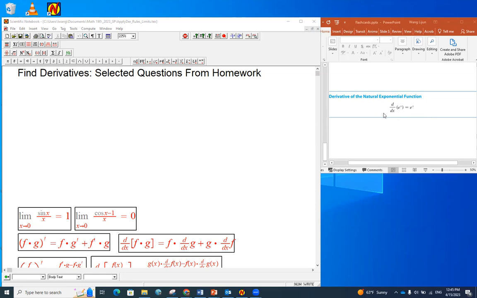Pay attention: when we take a derivative of a quantity, we must know that the derivative is taken with respect to what variable. So here, e to the power x, x is the variable.